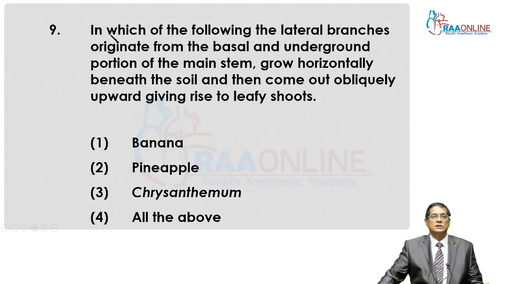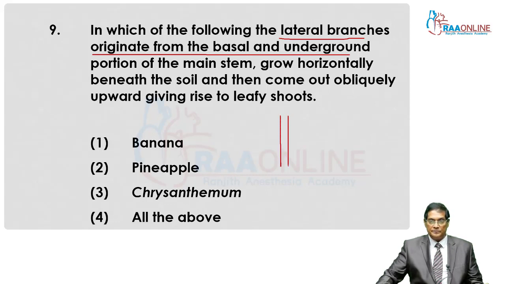Now, ninth question. In which of the following lateral branches? Again, the lateral branches originate from the basal and underground portion. This is the main stem, and this is its root portion. From the base of a stem, these branches arise.